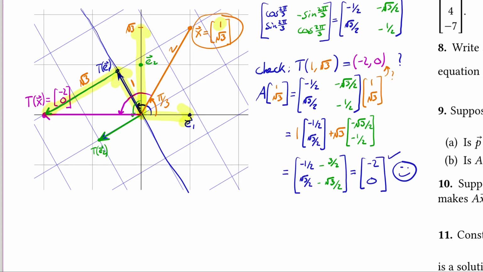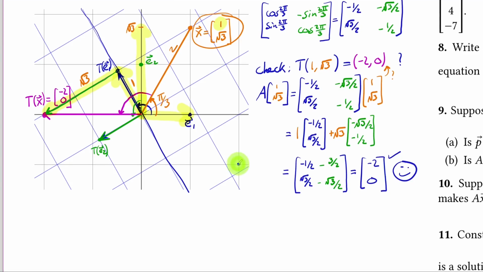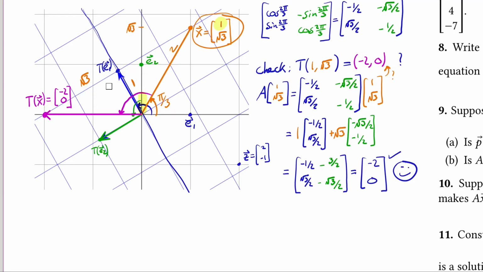We could take another example really quick. Let's say that z is over here. z has regular old coordinates 2 and -1. What I'm trying to say is we could use these regular components 2 and -1 as coordinates along the rotated grid we have here.